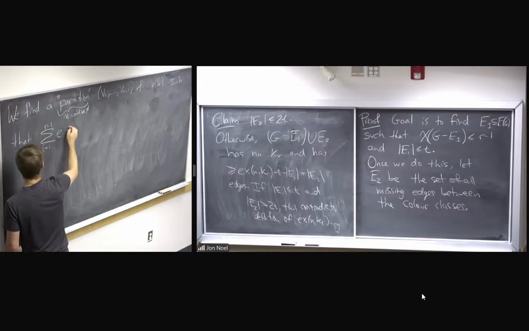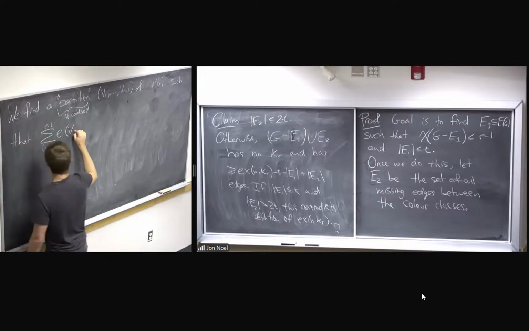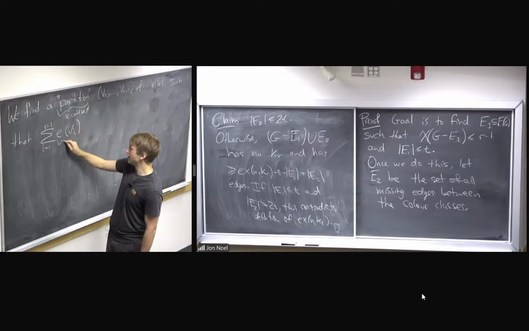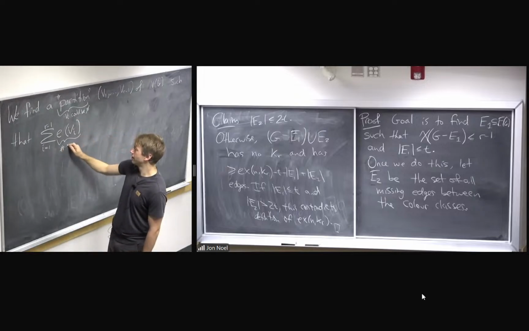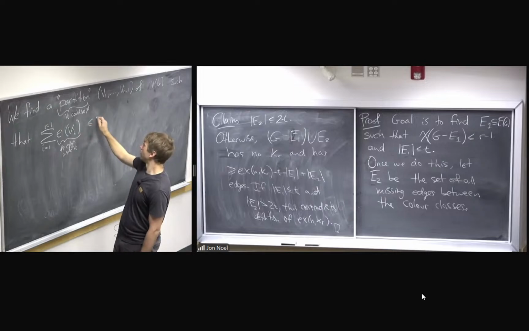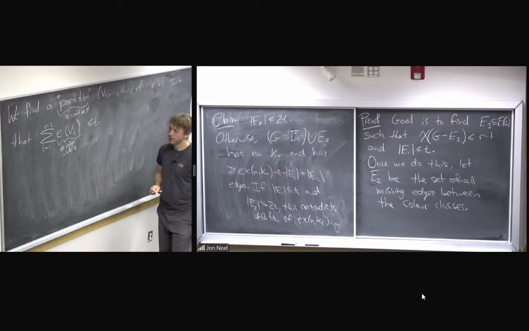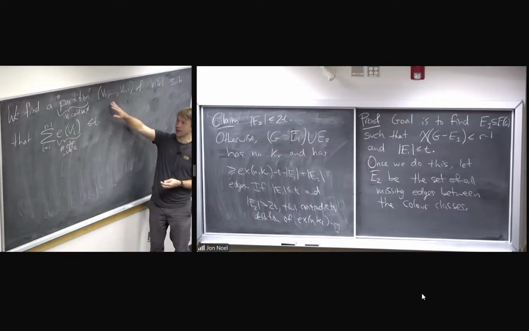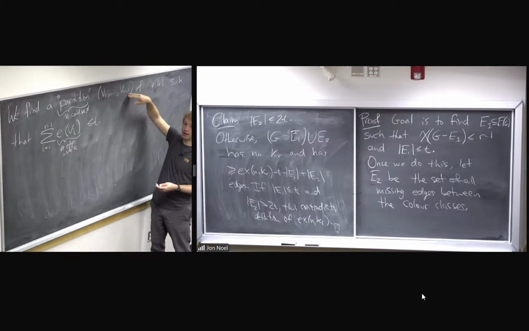I'm going to use the little e notation to mean the number of edges inside the set Vi. And then I define E1 to be the edges inside V1, V2, and so on, the edges inside any of these sets.